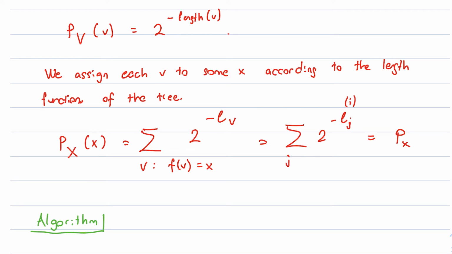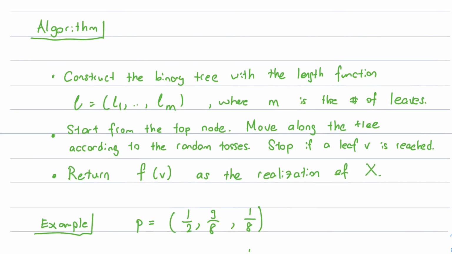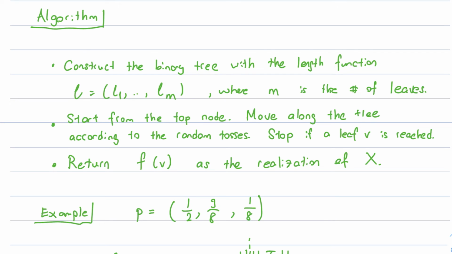And after this, we can write down the probability of X equals little x as the summation of 2 to the minus l_v's, such that f of v is equal to x. And according to the definition of f, this becomes exactly p_x, matching the distribution of the random variable X we are interested in. Therefore, this algorithm generates X.